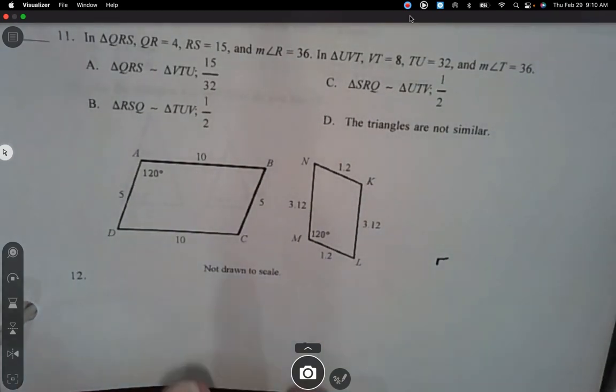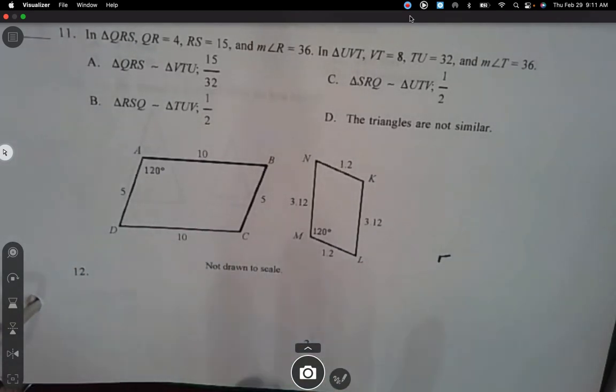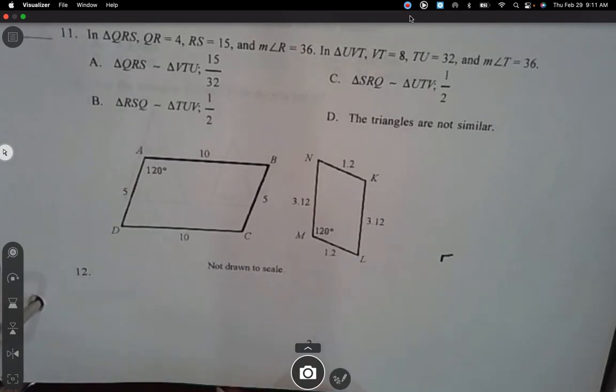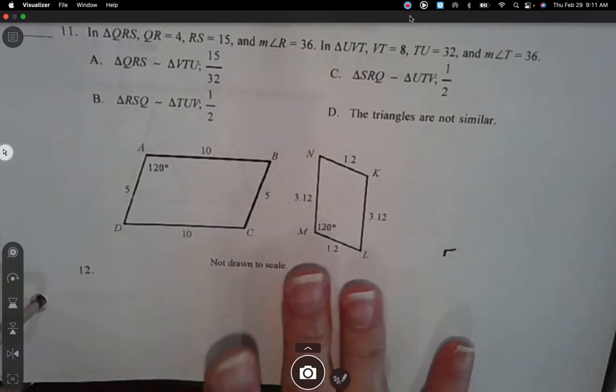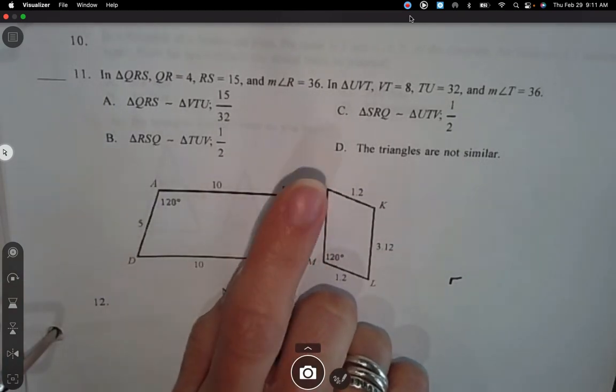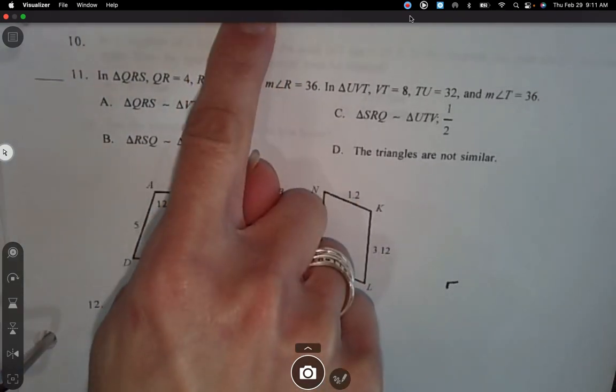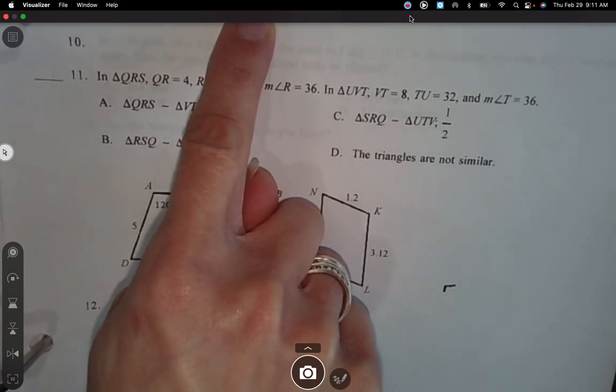No. 12 was not similar, because if I set them up, they're not the same. They're not the same ratio. All right. This one, I'm sorry, I did not mean to skip it. So I may have been wrong on the quiz, if that's on there. I don't know about the actual quiz. The actual quiz is the number 10 that we did and I'm getting confused.